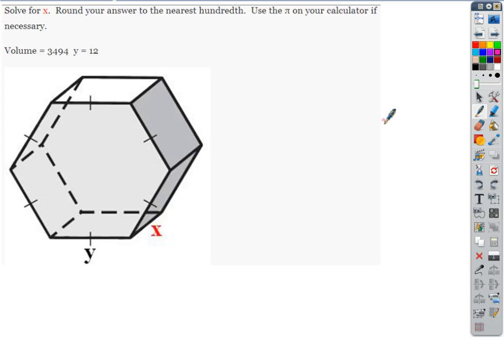Yeah, divide volume by the number that we get for base, and we're done. So to get the base, you just stick 12 into the formula for the area of a regular hexagon, whatever the formula is. Exactly. So the base area then, we can calculate that.